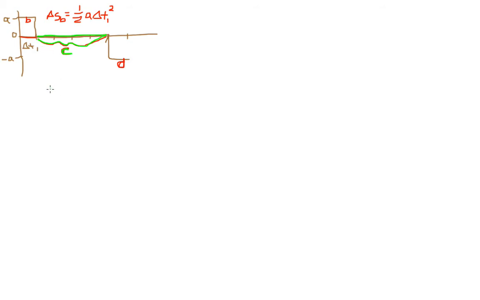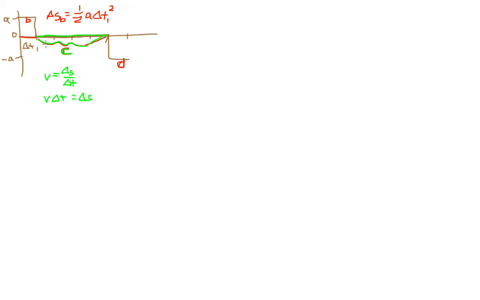So I can write this little equation. It's a constant velocity, so it's the average velocity, same thing. The velocity equals delta s over delta t, and if I rearrange this, v times delta t equals delta s. Perfect.